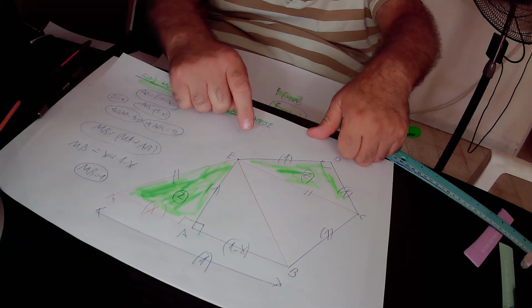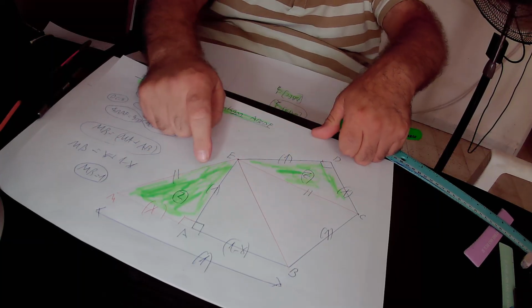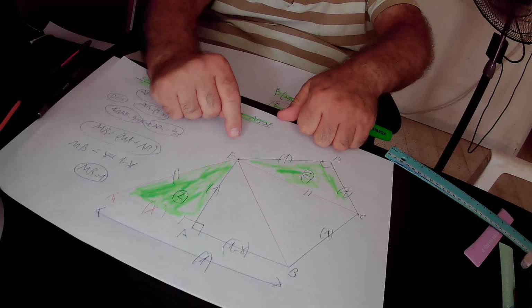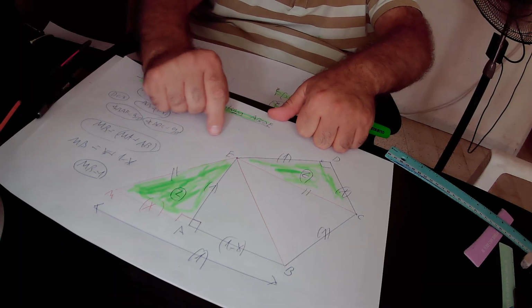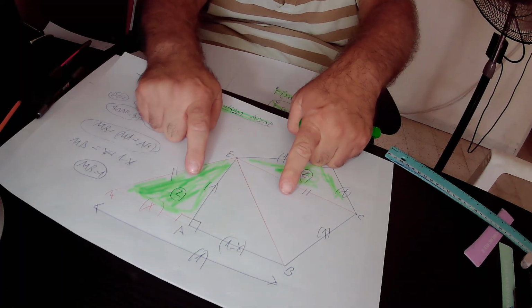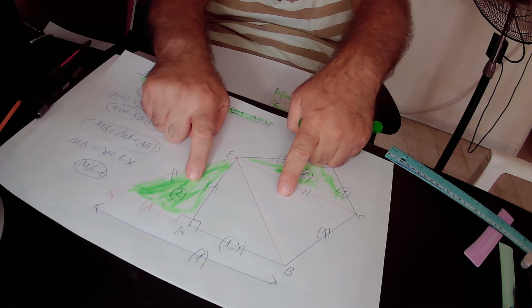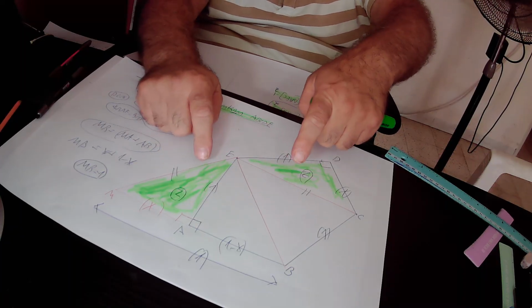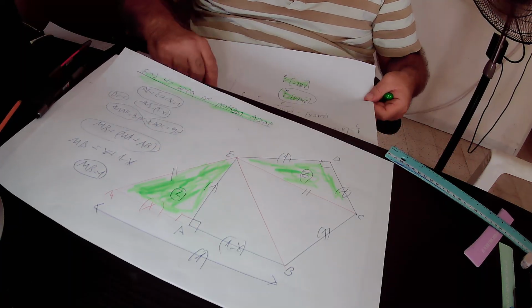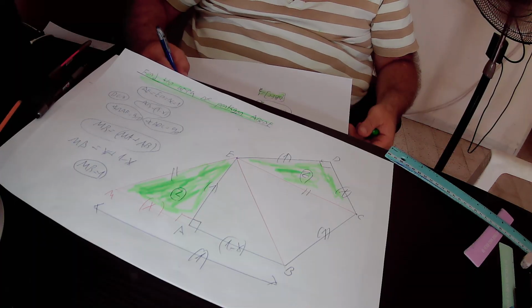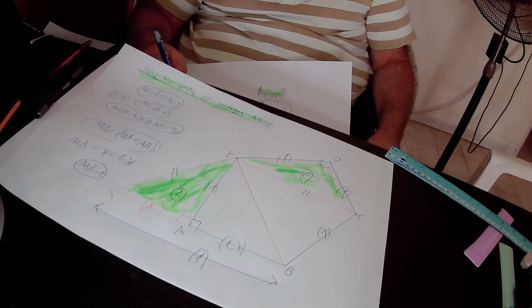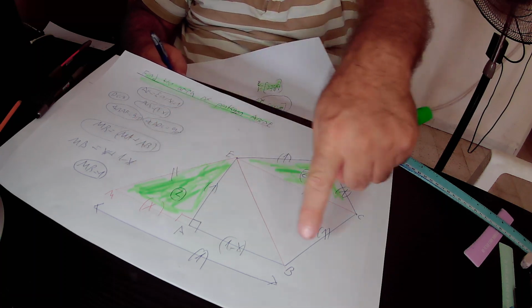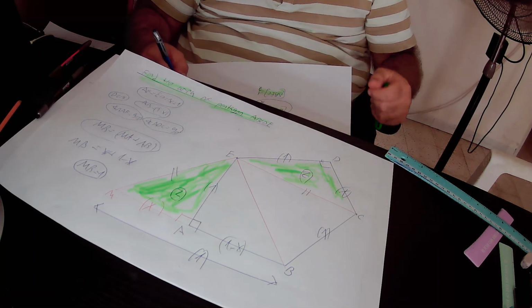Actually, quadrilateral EMBC consists of those two triangles, and therefore this quadrilateral EMBC will be equal to the areas of those two triangles that it consists of. That is to say, the area of EMBC will be equal to 1 half plus 1 half, that is 1. So the area of this big quadrilateral EMBC will be equal to 1.